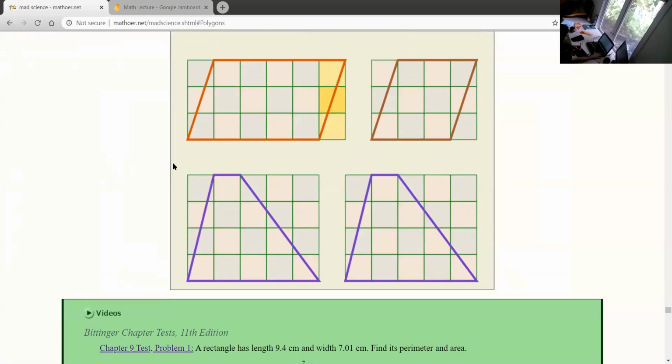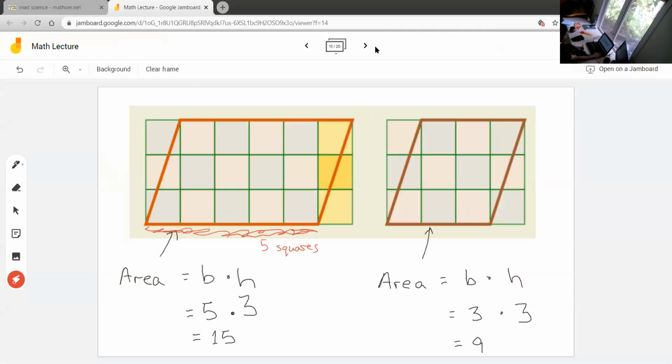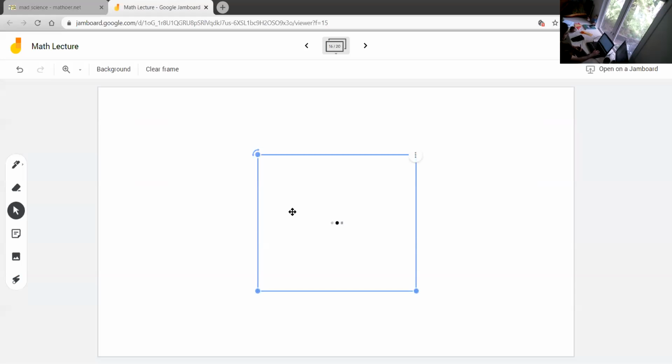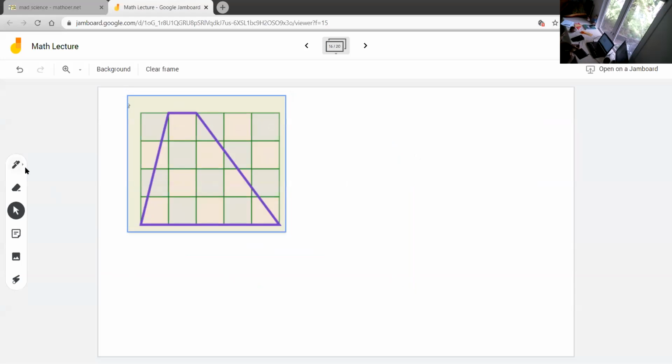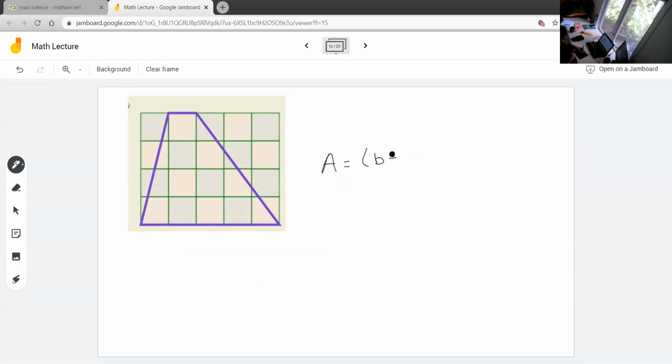This is just 2 copies of the same one, so when I go to elementary schools, I can pass this out as actual paper and they cut it out. Okay, so area equals bottom plus top times height divided by 2.